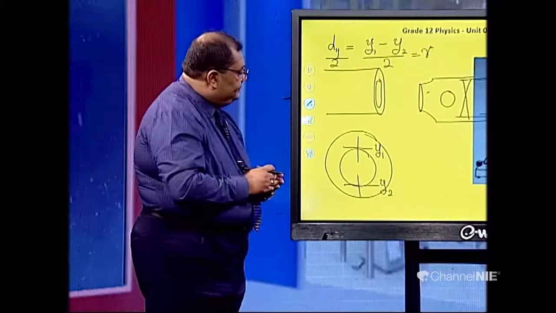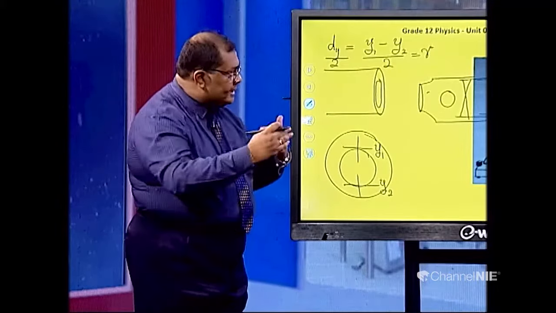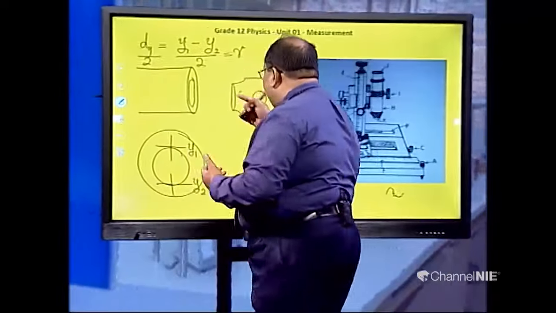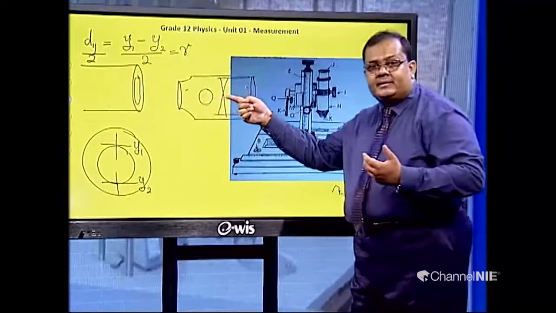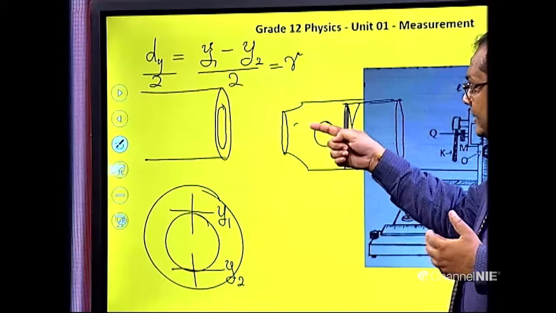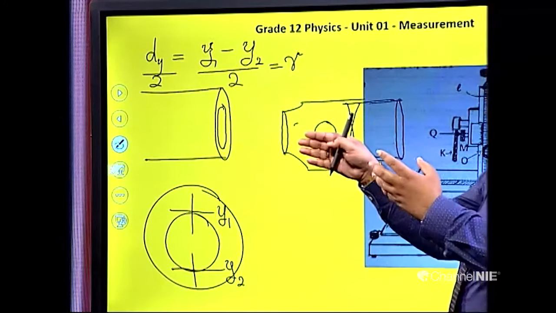And now we have to take the horizontal diameter. To take the horizontal diameter, you have to move this microscope in the horizontal direction, to the right edge and left edge.